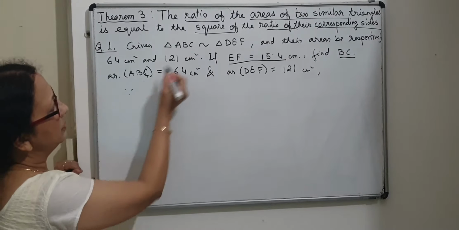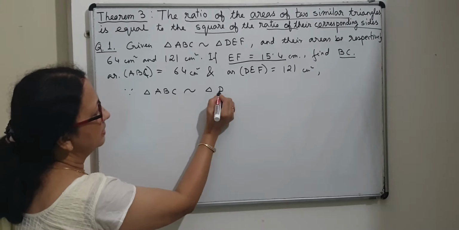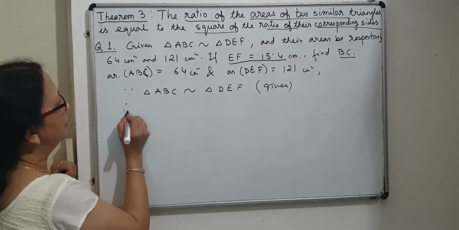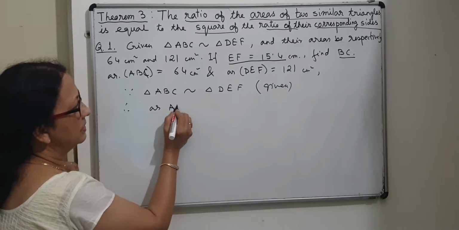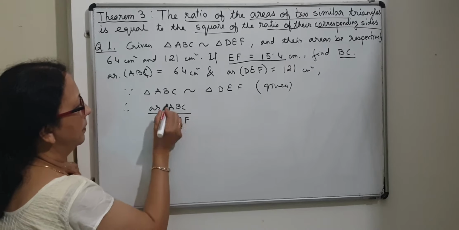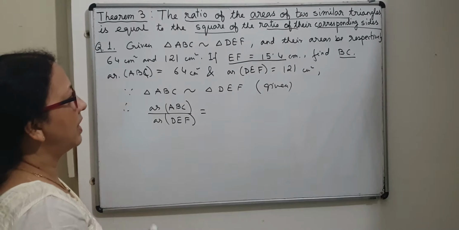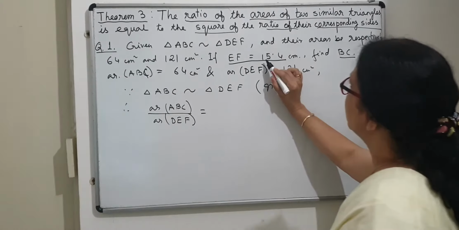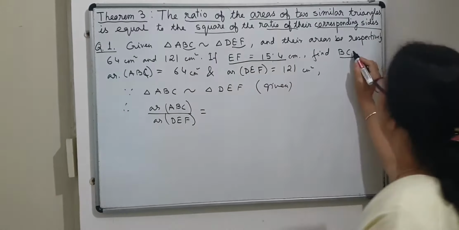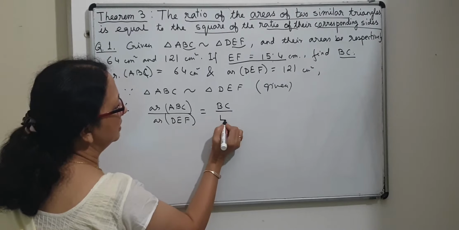Since triangle ABC is similar to triangle DEF, it is given, therefore area of ABC upon area of DEF will be equal to the square of the ratio of their corresponding sides. Now which sides will we consider? Since EF is given, I'll take the ratio BC by EF, because you have to find BC. In this triangle it is BC and in this it is EF.